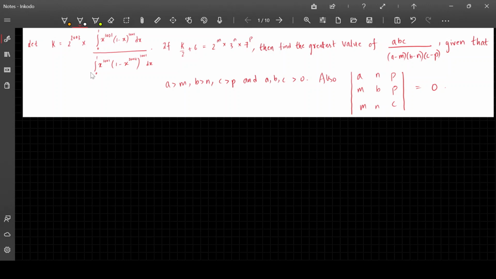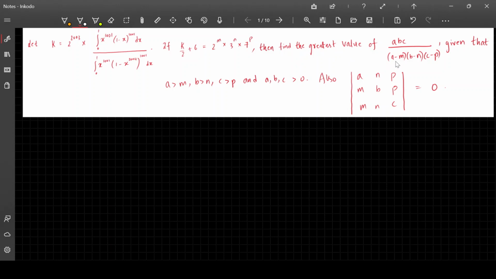So this is the question. How do we approach it? First of all, we are given a value of k, so we can find two integrals here, and related to this k we have: if k by 2 plus 6 is equal to 2 power m into 3 power n into 7 power p, then find the greatest value of abc by (a minus m)(b minus n)(c minus p), given that a is greater than m, b is greater than n, and c is greater than p.